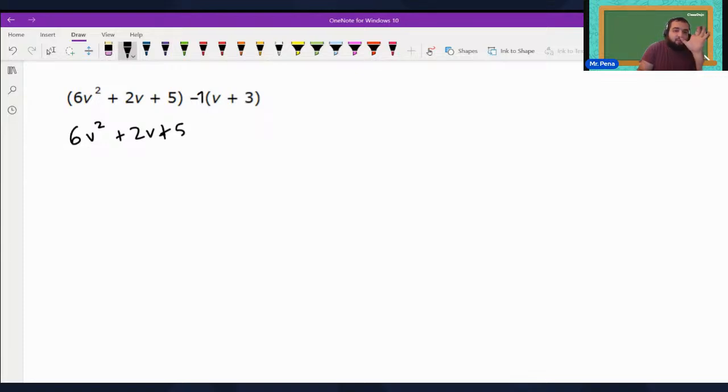But there's a negative 1 there, and so we distribute it. So we now have negative v minus 3. If you were paying attention, I hope you could have seen it. But now we're going to do it properly, and I know this is for sure the correct answer.